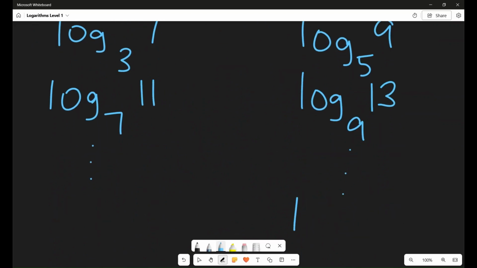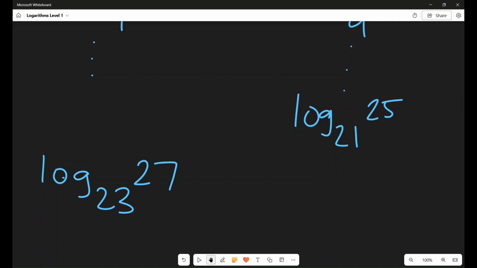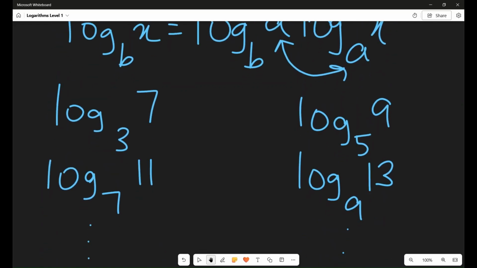And that would actually be on this side. And then finally, the final term is log base 23 of 27. So first we can multiply the left side and then the right side, and then we'll put them together. Okay, so now we have a plan and we can move forward with that.